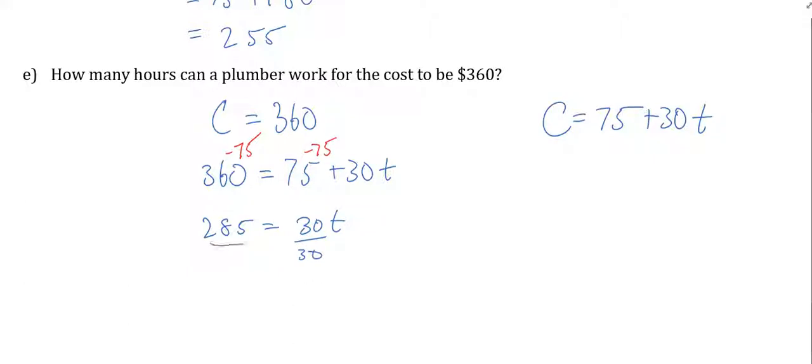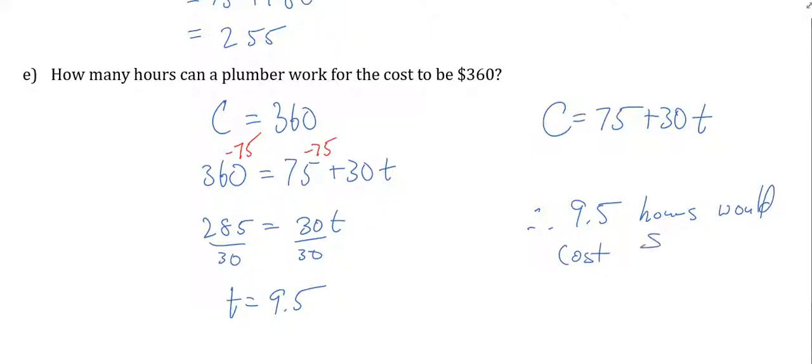And divide both sides by 30. t equals 9.5. Therefore, 9.5 hours would cost $360.